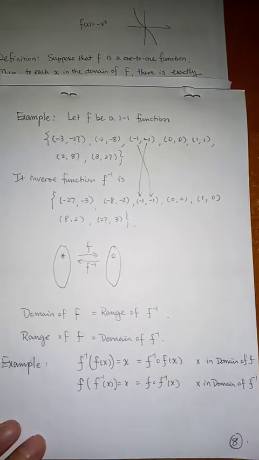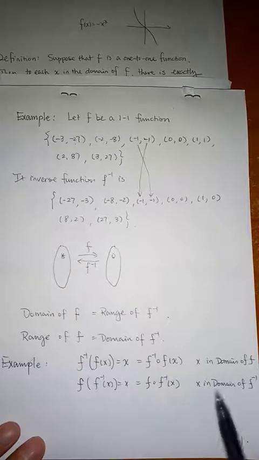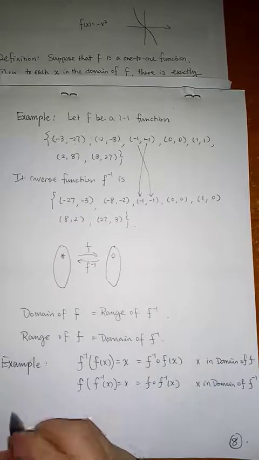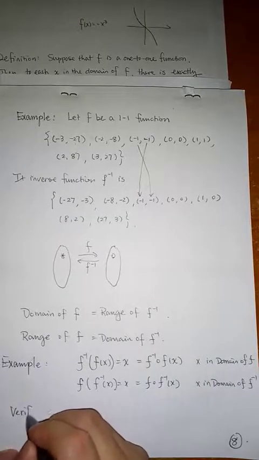Even though we use the same symbol, x, one x is from the domain of f, the other x is from the domain of f inverse. Okay, so keep this in mind. We can verify by an example.